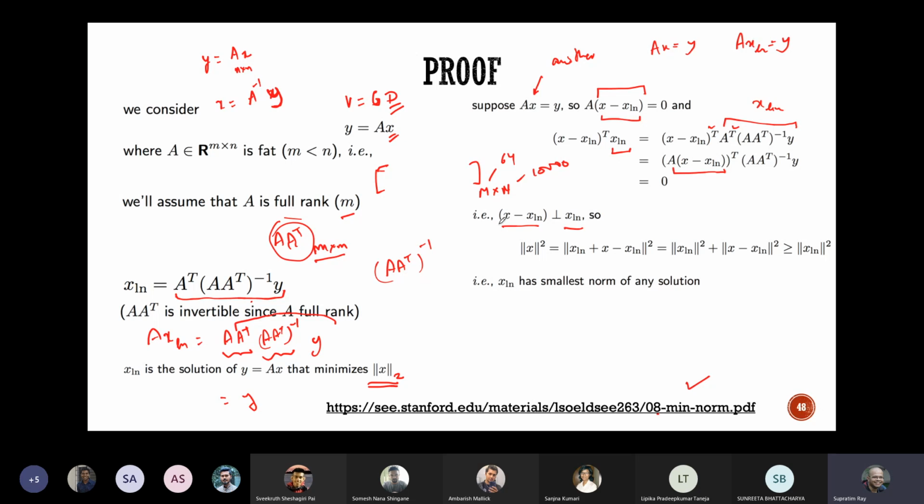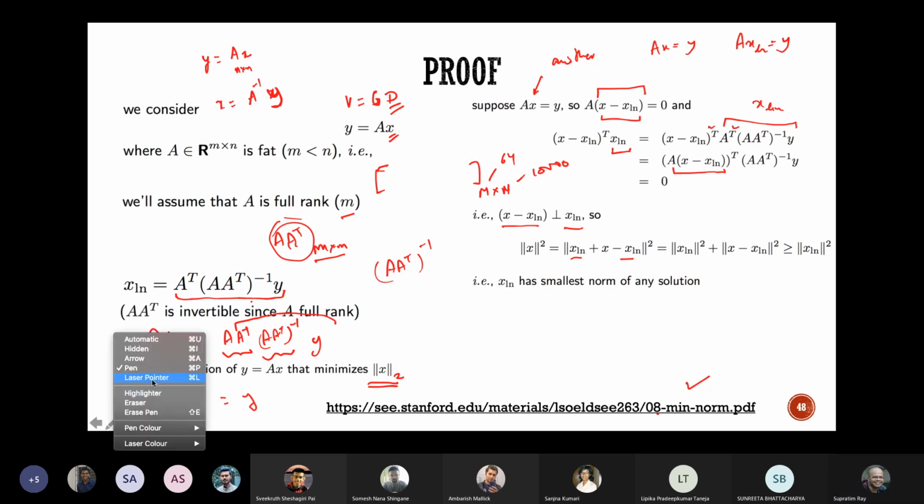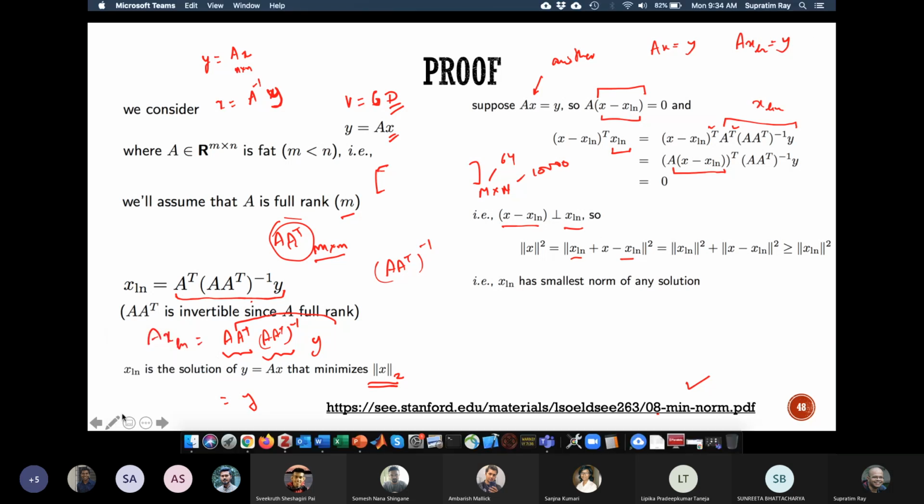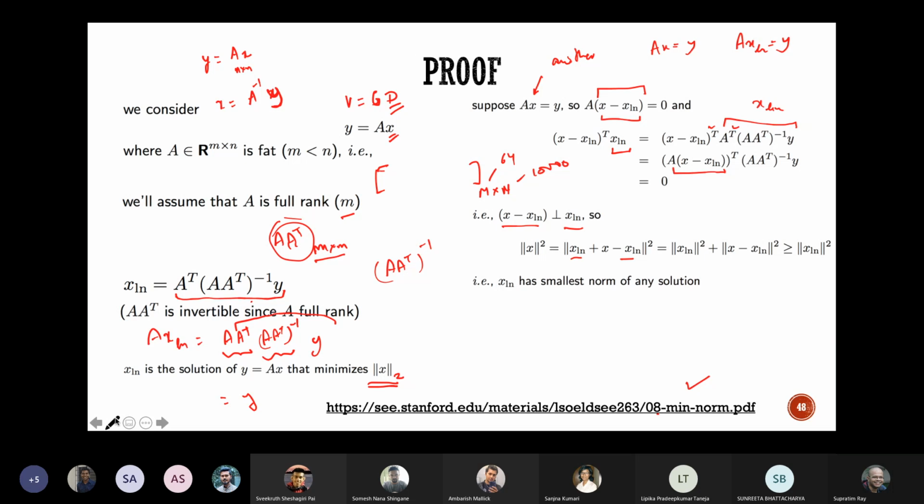And if this is the case, then the L2 norm of x, which is the same as this, I've just added x ln and subtracted that. And this now is just the sum of the individual norms because they are orthogonal to each other.